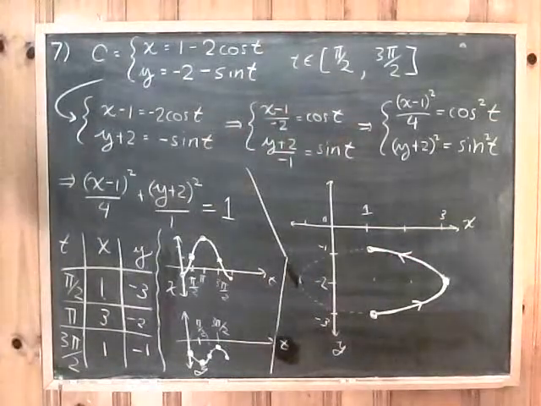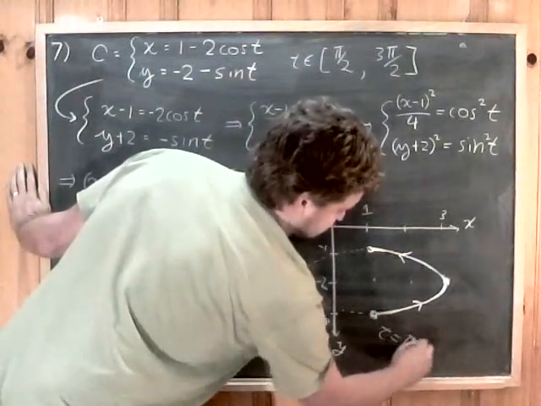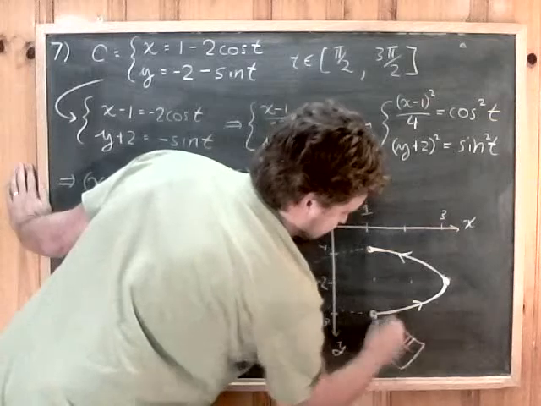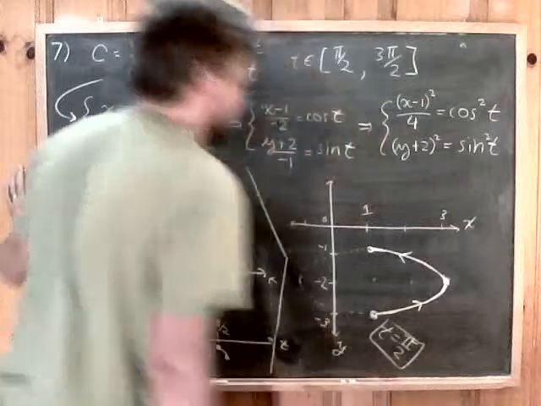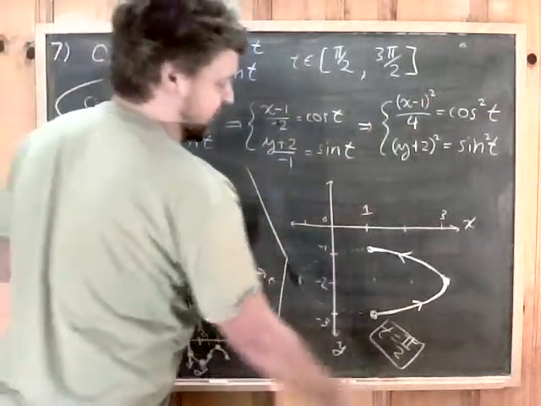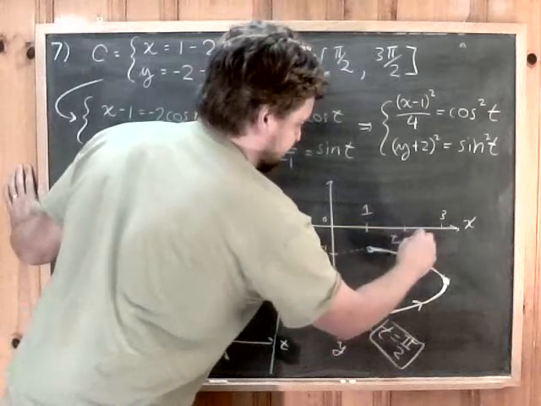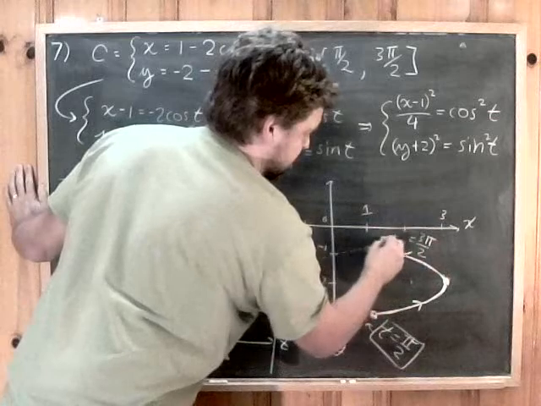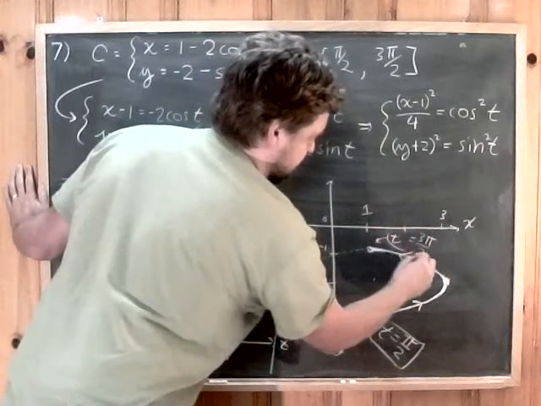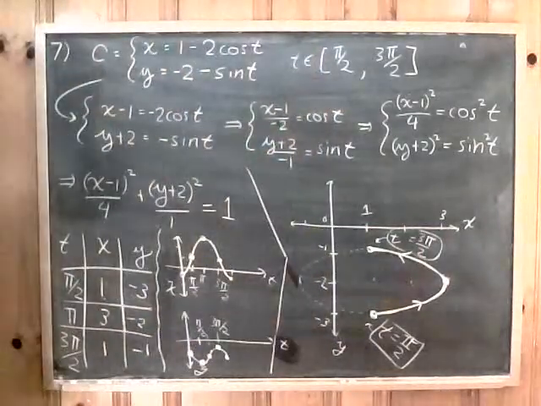So that's the actual curve. You can mark these as t equals pi over 2. Put a little label on that. Make the pi visible. And t equals 3 pi over 2 at the top. Yeah, put it in there somewhere. And that's the full picture.